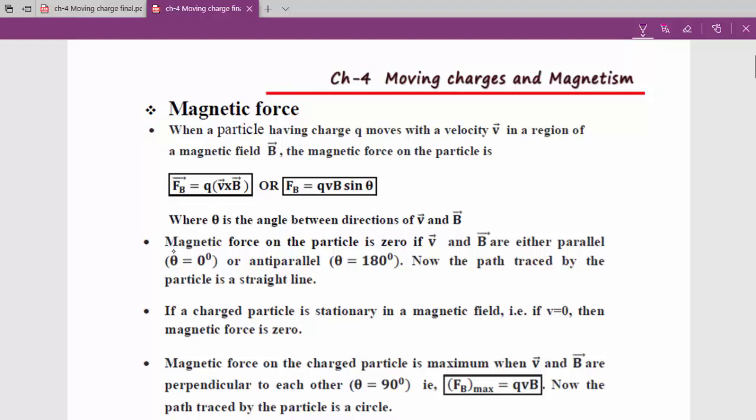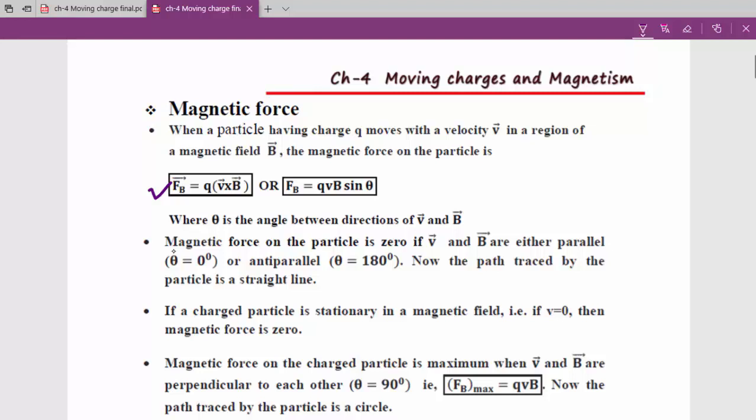and you can see here the magnetic force experienced is Fb equal to q into bracket v cross B. V cross B means it is a vector product of velocity and magnetic field, and expansion of v cross B is vB sin theta, force experienced by the moving charged particle.